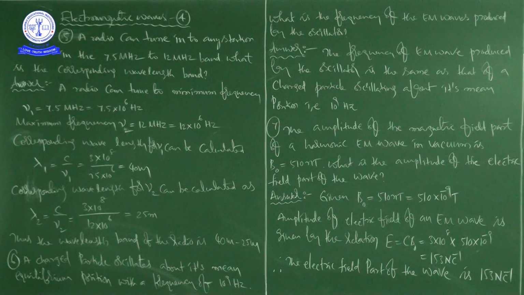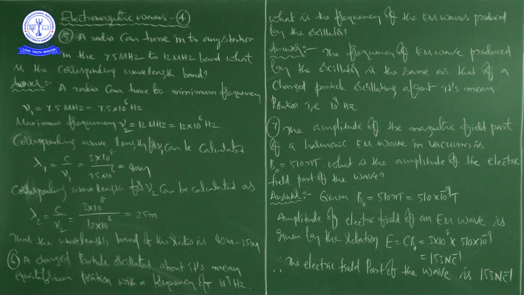You know very well the concept of how the frequency of electromagnetic waves arises. Obviously, the source of electromagnetic waves is the oscillating charged particle. So from the concept, you can say that the frequency of electromagnetic waves produced is equal to the frequency of oscillation of the charged particle. Am I right?